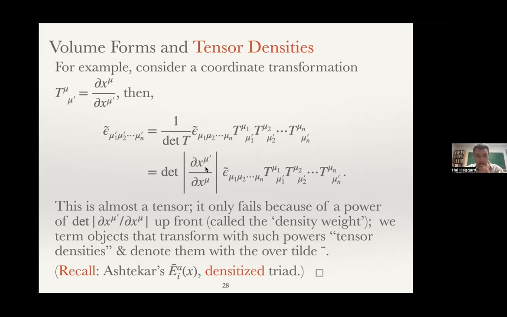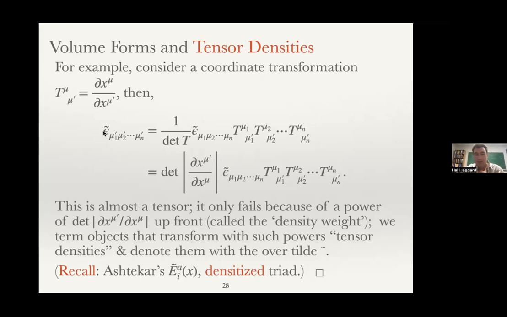So this object fails to be a tensor only because of the power of this determinant that's appearing in front of it. And these kinds of things come up a lot. And so we call such objects densities or tensor densities.